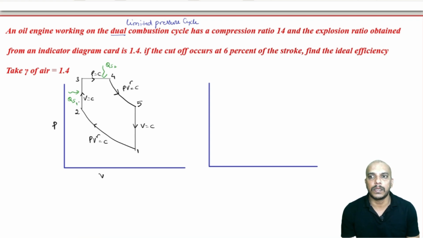Similarly, the same thing can be written in the TS diagram. The first process is compression, reversible adiabatic, so entropy is constant. Then constant volume heat addition, then constant pressure heat addition.